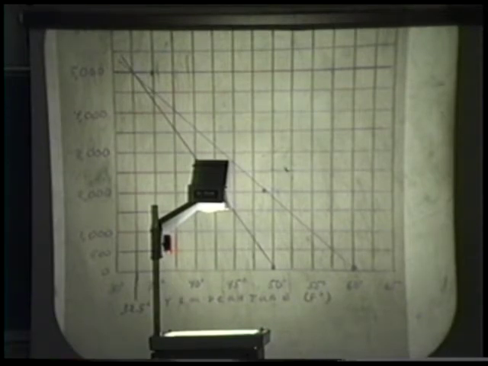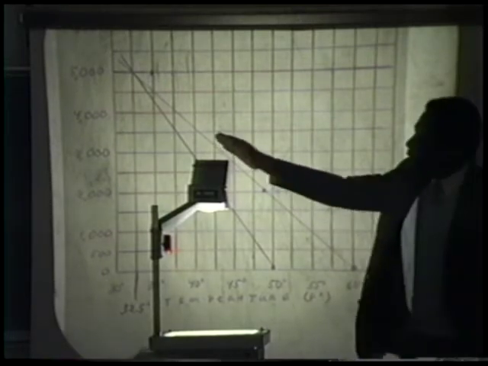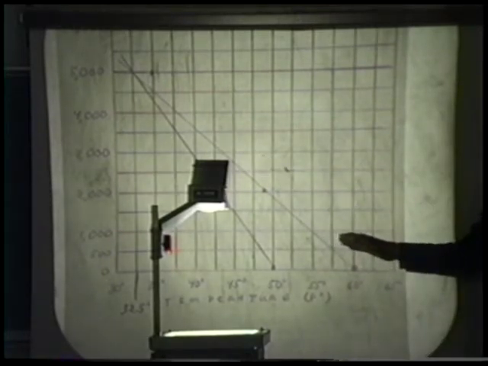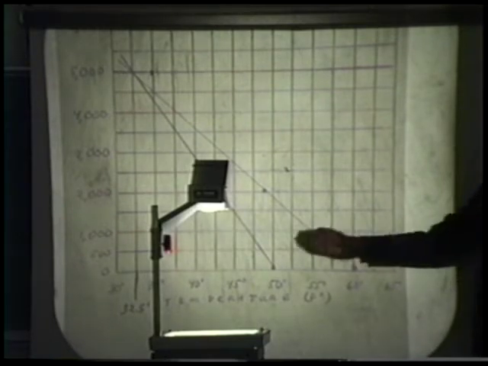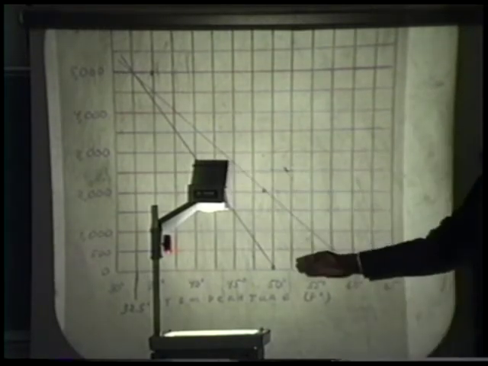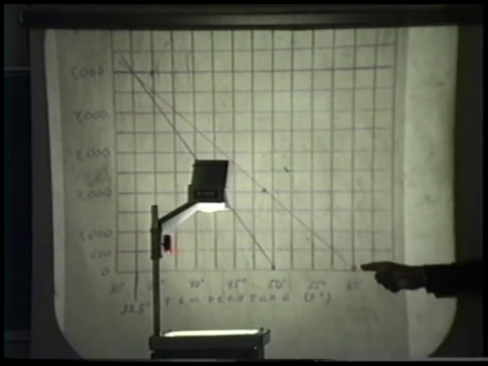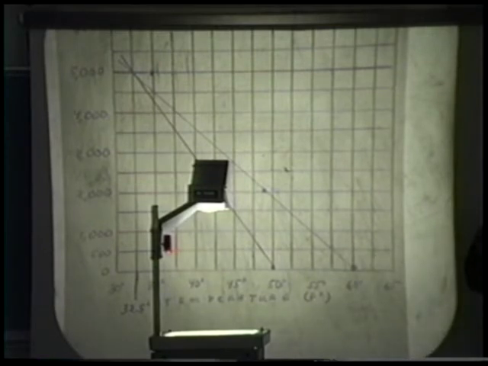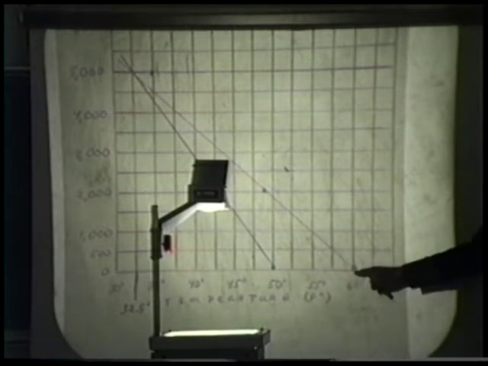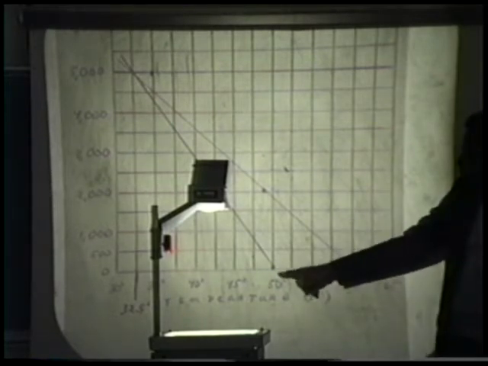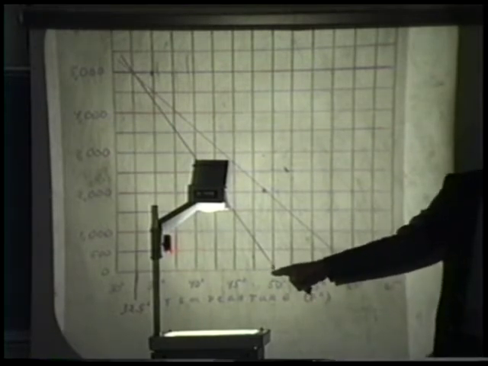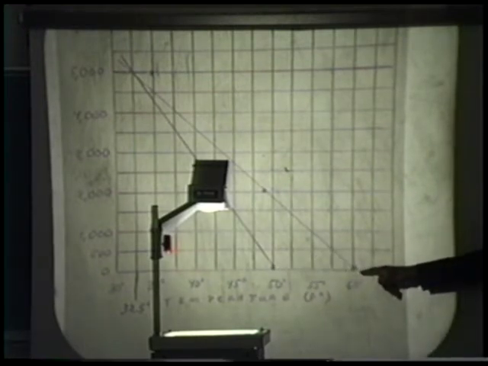And so what you do in order to get your adiabatic lapse rate curve, which is right here, and your normal lapse rate curve, which is right here, you plot the temperature of the heated air at the surface, which is 60 degrees, and the temperature of the surrounding air at the surface, which is 50 degrees. So you make two plots.